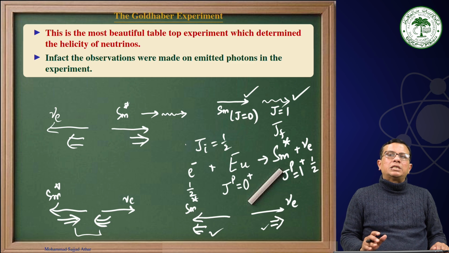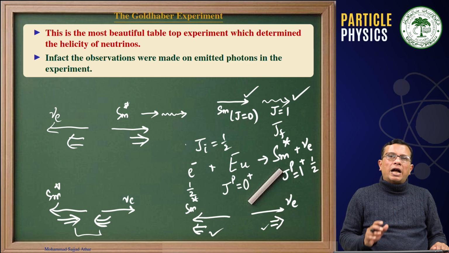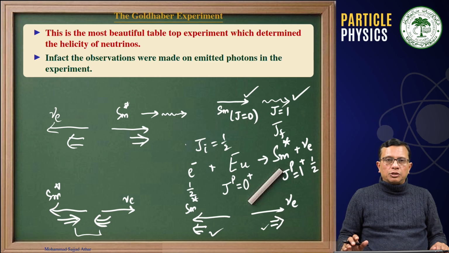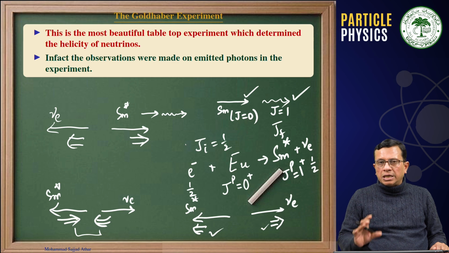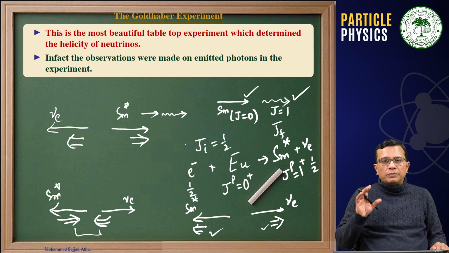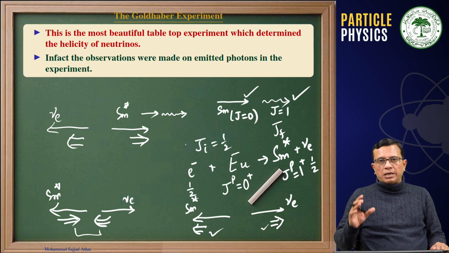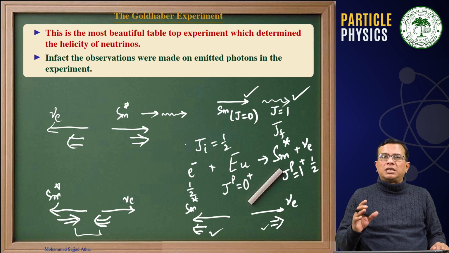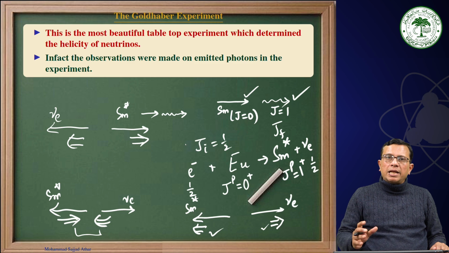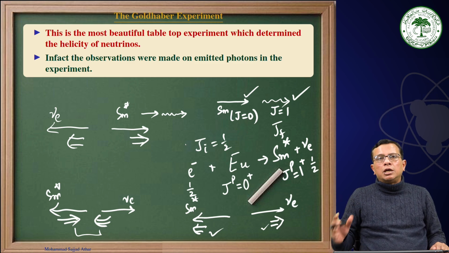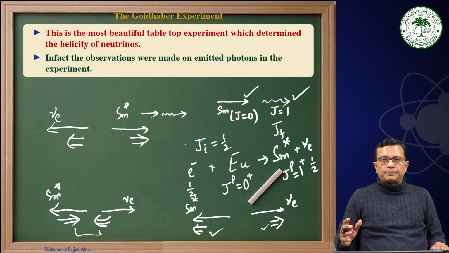We measured the polarization of the photon, and from there we inferred the polarization of the neutrino, that neutrinos are left-handed. Therefore, the choice of the parent nucleus which captures the electron, the excitation of the samarium nucleus with J equal to 1, and then coming to the ground state by transferring its angular momenta to the photon was the important catch.